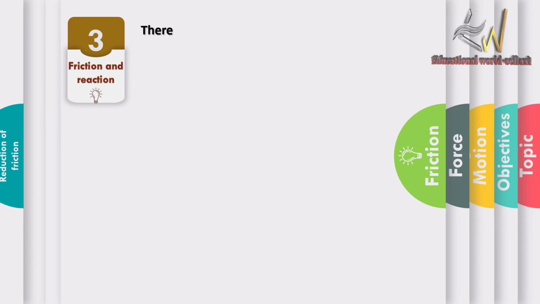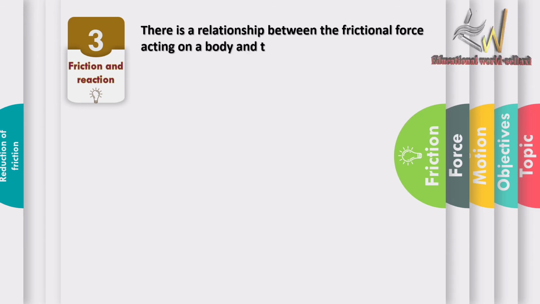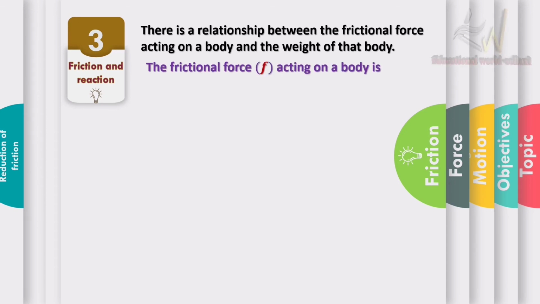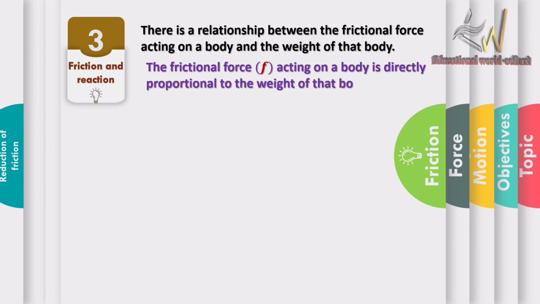Friction and reaction. There is a relationship between the frictional force acting on the body and the weight of that body. Very interesting. The frictional force F acting on the body is directly proportional to the weight of that body W. Now I would like you to consider a body that is resting on a surface.